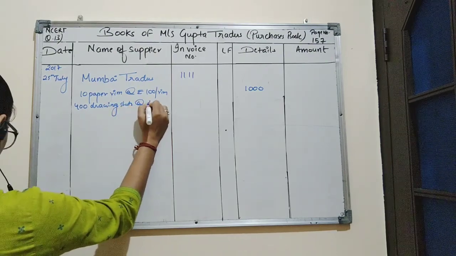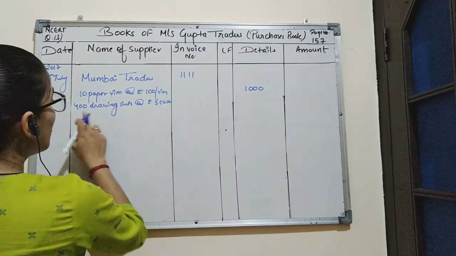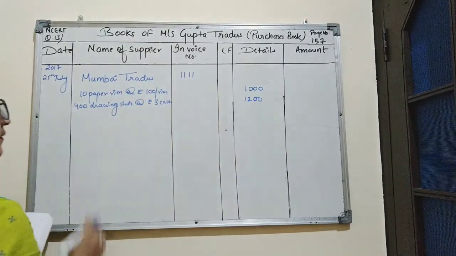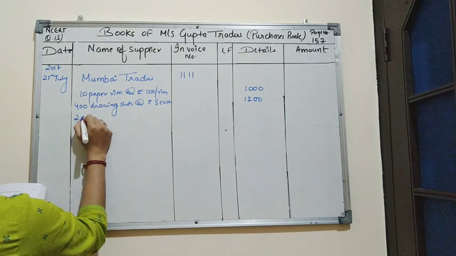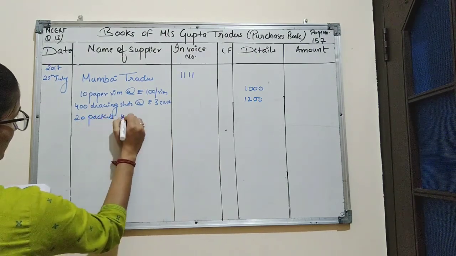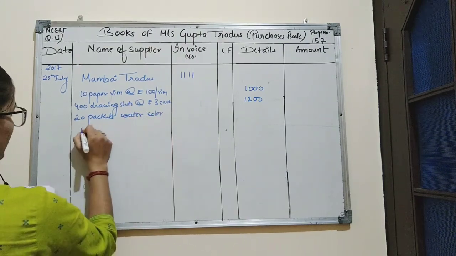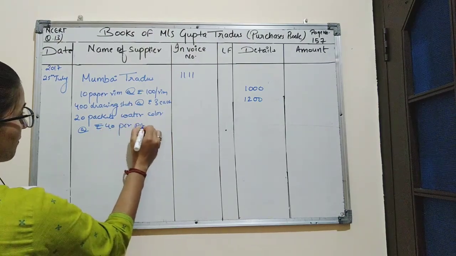Next is 400 drawing sheets at the rate rupees 3 each. So the total amount will be 400 into 3, 1200. And the last is 20 packets watercolor at the rate rupees 40 per packet.